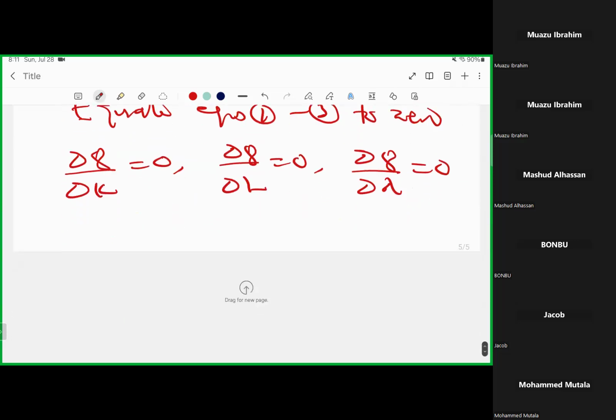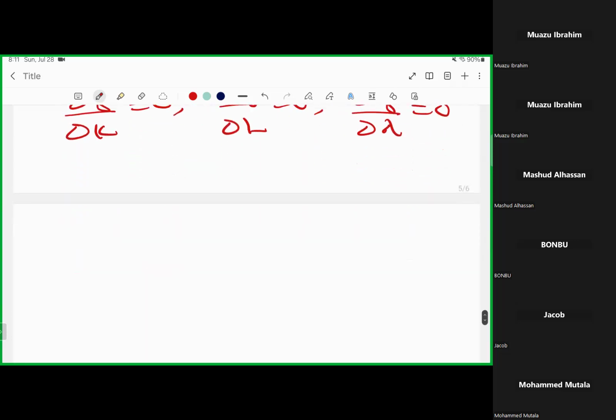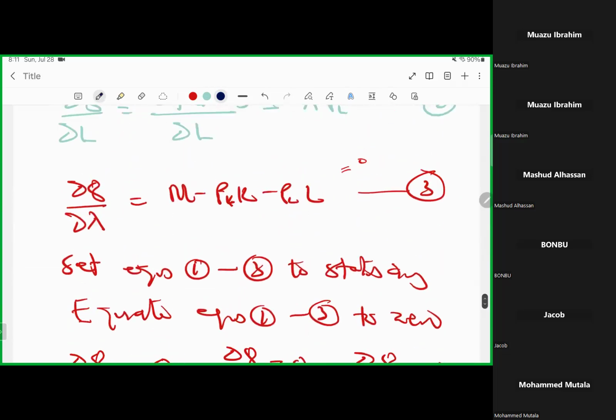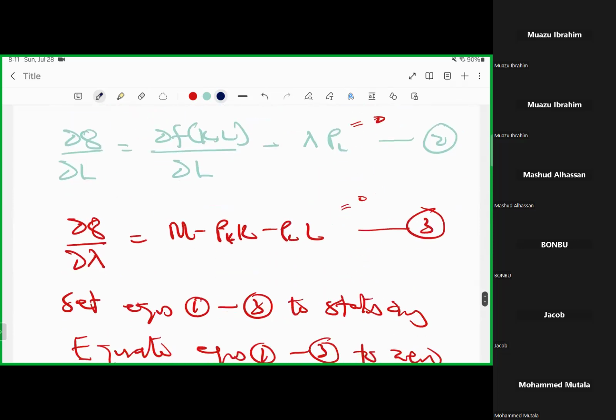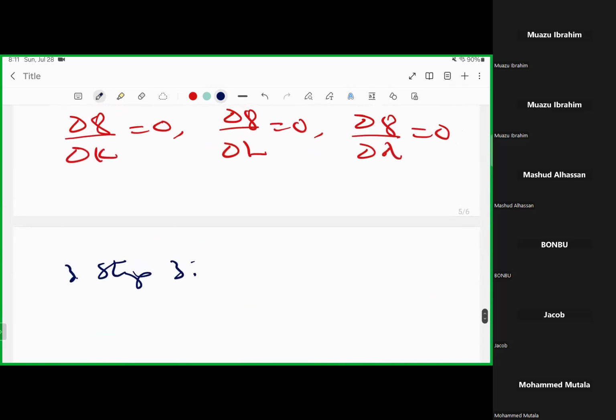Now, the final thing that you will do, you will realize that under step 3, here equation 1, here equation 2, here equation 3, it gives you the simultaneous equation. So equation 1 to 3 gives you simultaneous equations.